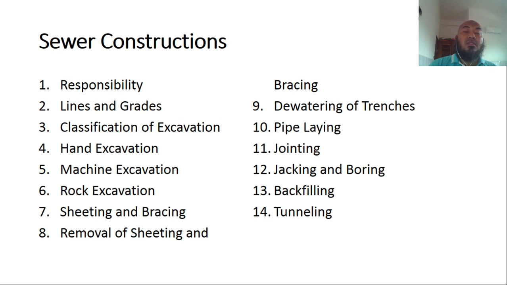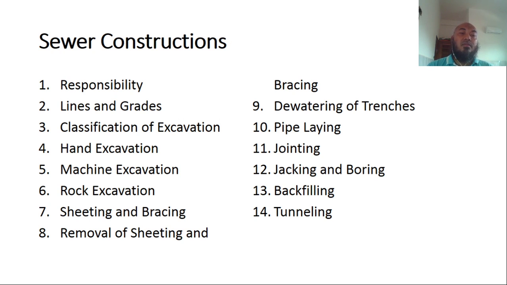Sometimes we encounter a different type of soil, sometimes soft soil, sometimes normal soil, sometimes rocky condition, etc. With different soil and rock conditions, we may need different strategies for the excavation.